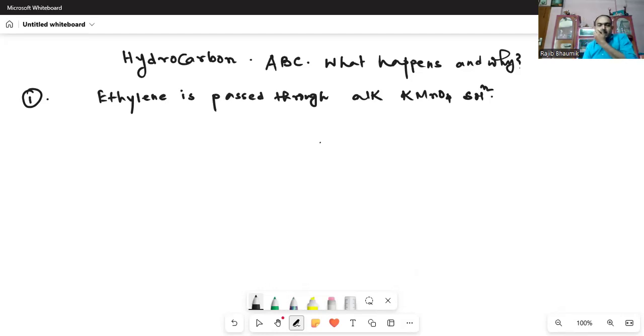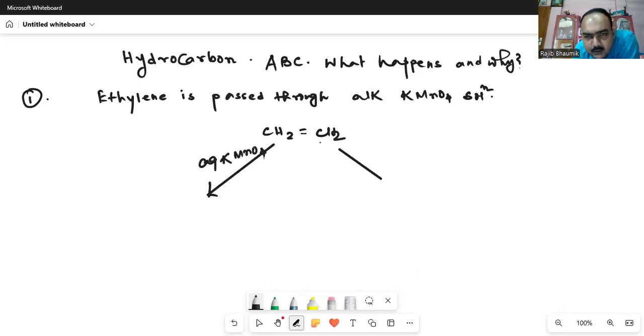There can be 2 types of KMnO4 solutions here. One is aqueous KMnO4, another is alkaline KMnO4. The alkaline one will be in the hot condition.